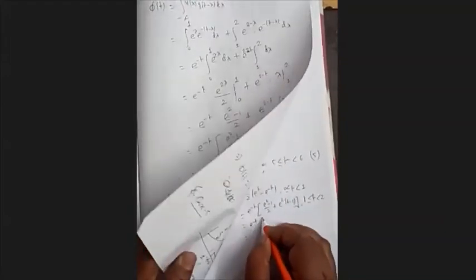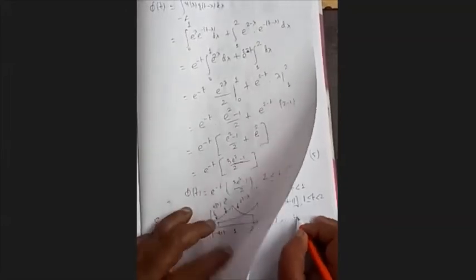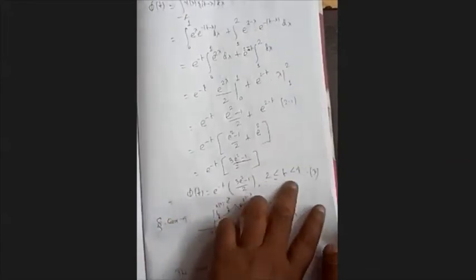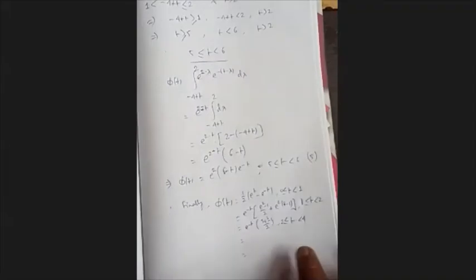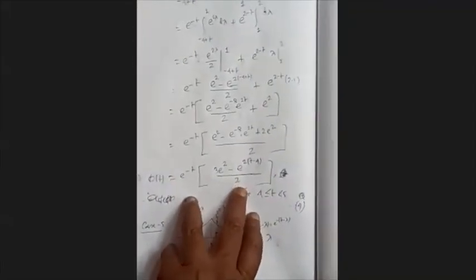Sorry, it's e square minus 1 e square t minus 1. It's okay. Then case 3, e to the power minus t 3 e square minus 1 by 2 when t is in between 2 and 4. Then case 4 is this one, that expression.